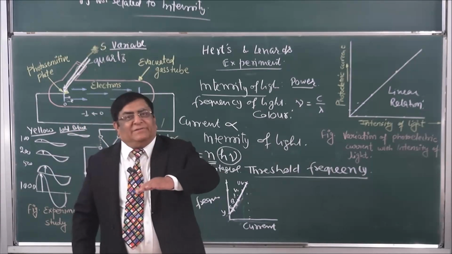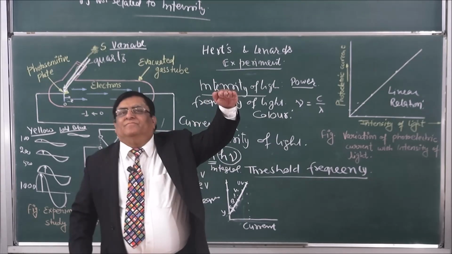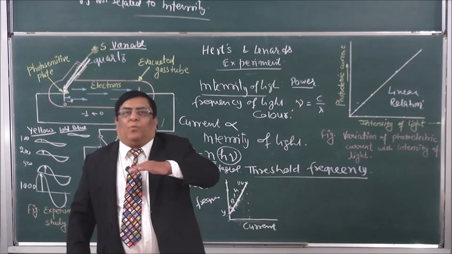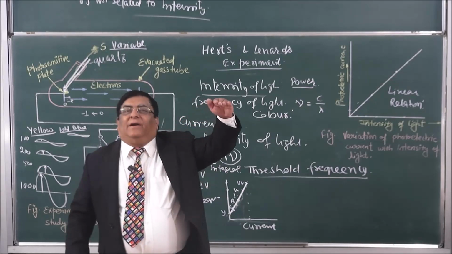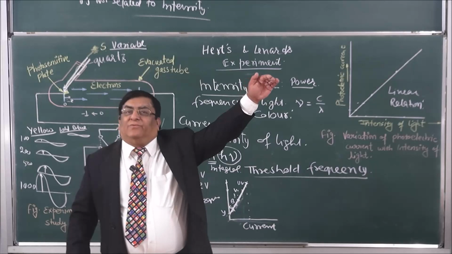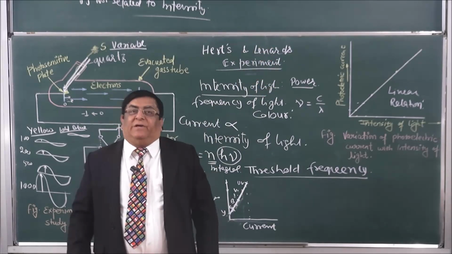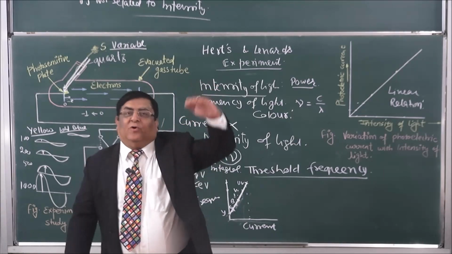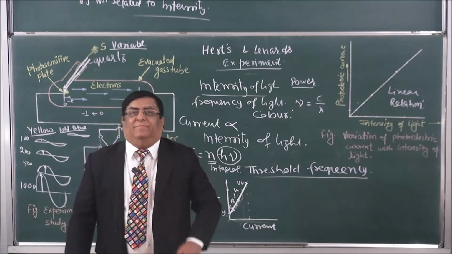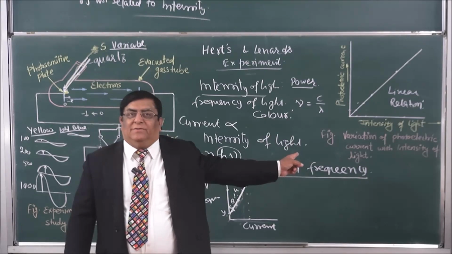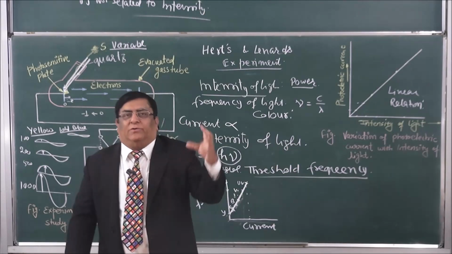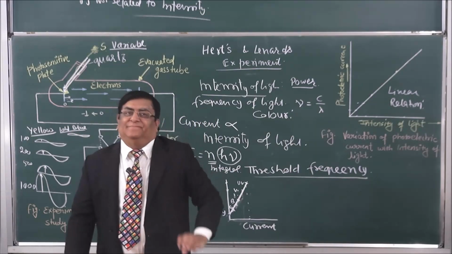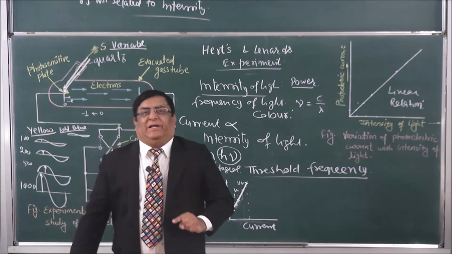Wave is a continuous increase of level. The wave front is a continuous increase of level. The energy will become 1, 2, 100, 150, 1000, 1050, 5000. We can go on increasing with the wave. The level will go on increasing if it is a wave. And if it is a photon, it is H nu or 2 H nu or 5 H nu, whatever is in one packet. And that is decided by its color.